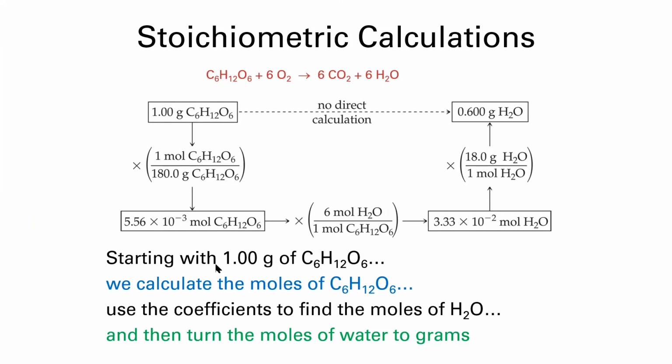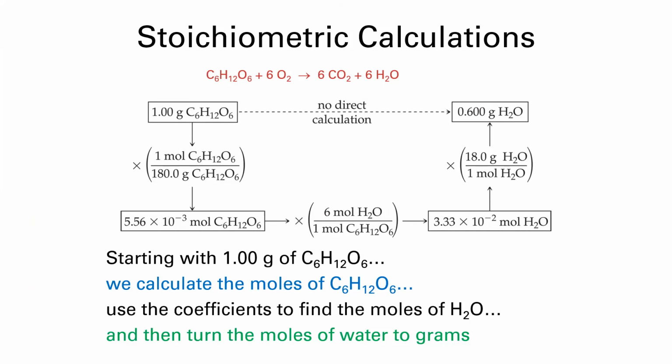This is the step. We start with 1 gram of C6H12O6, and then we calculate the moles of C6H12O6, and then we use the coefficient from each compound to find the moles of each compound.